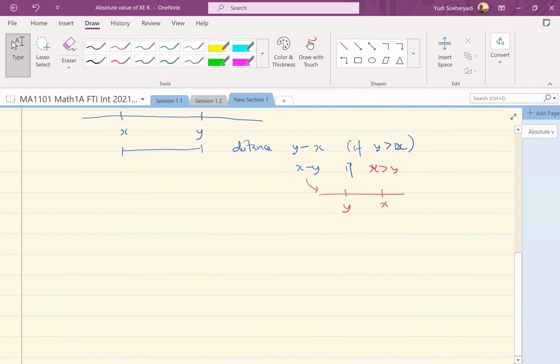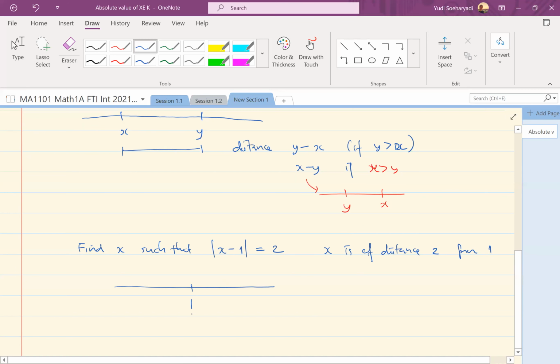Okay, so when we write something like: find x such that |x - 1| = 2, that means geometrically x has distance 2 from 1.